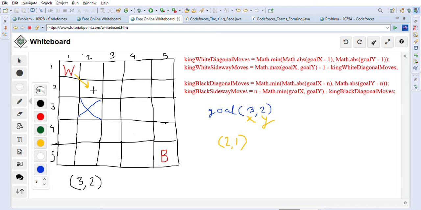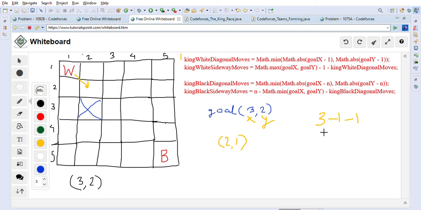Now once they go diagonally, this is one move. So you can see that the white king's diagonal moves is 1. Now we have to find how much distance they have to move vertically or sideways, whatever we are just calling sideways here for vertical or horizontal. So how many moves do they have to make? We again use the maximum of goal x and goal y. The maximum will be 3, minus 1, and minus the number of diagonal moves we have taken.